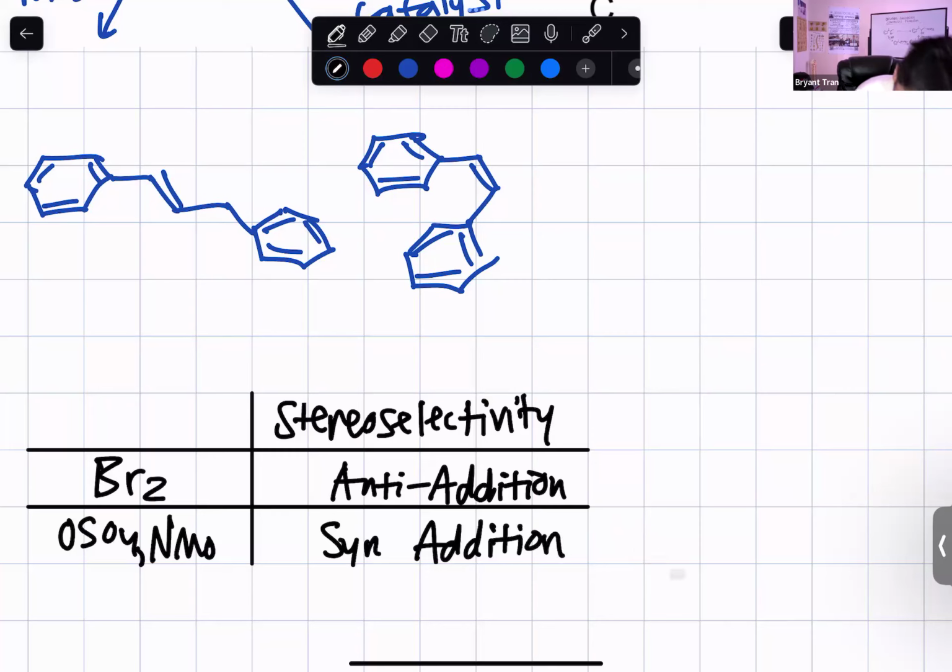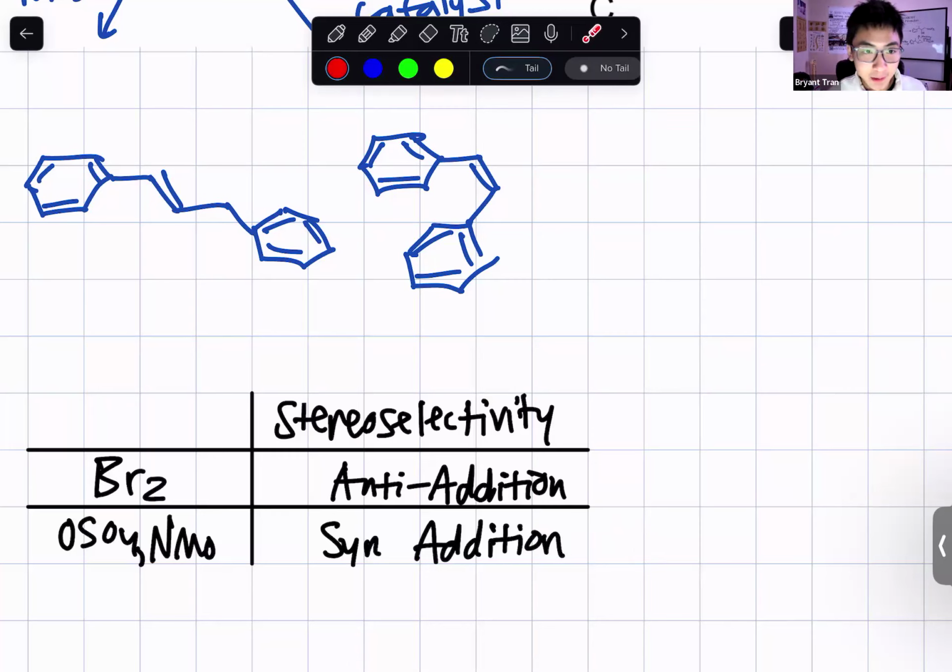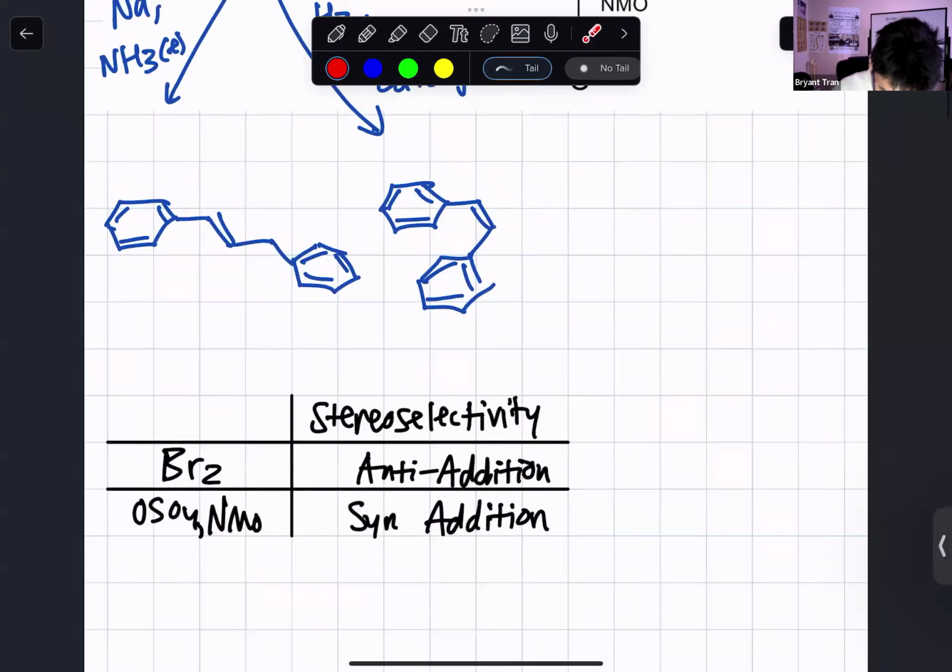There's also regioselectivity of alkene reactions, like Markovnikov or anti-Markovnikov addition, but we don't have to worry about that for these specific reactions because we're adding bromine or alcohol on both sides of the alkene. We're not adding it to the more substituted side or the less substituted side, so we don't have to worry about regioselectivity for these reactions. Right? Okay.